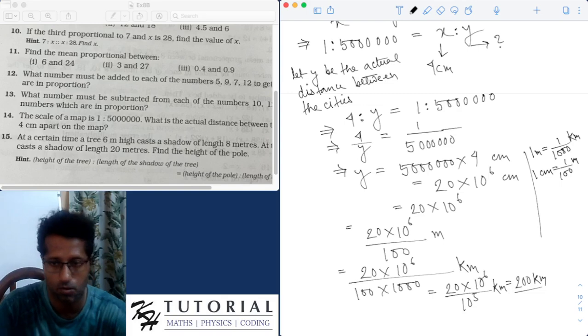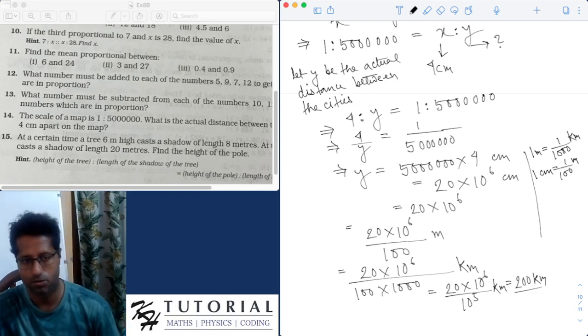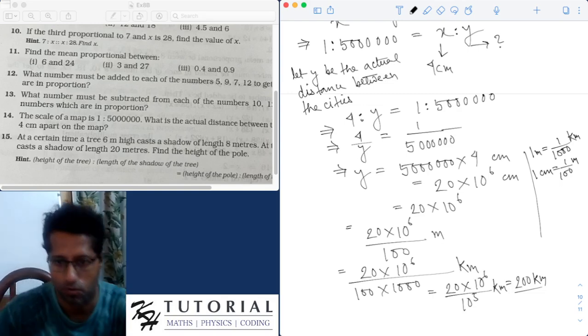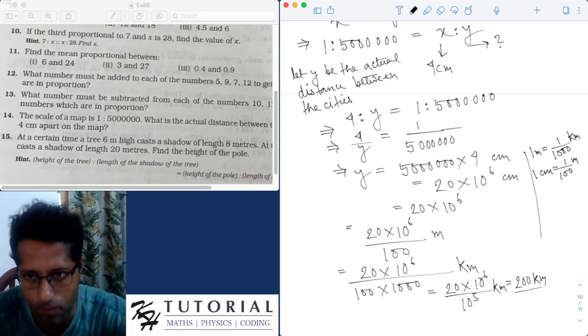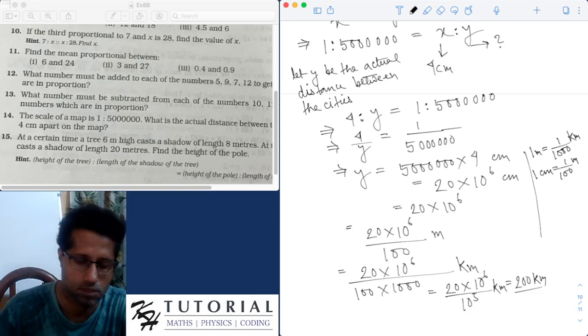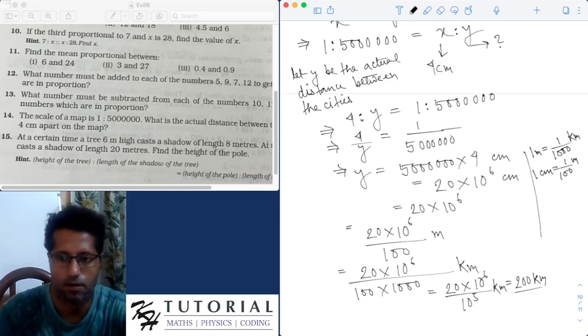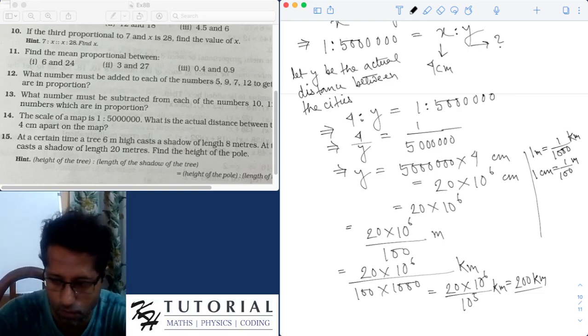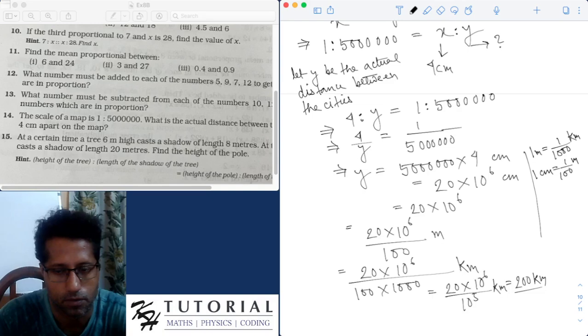This was a little conceptual problem. An example is already solved in the textbook. So please try to understand the problem, how the real world problem has been connected with the concept of ratio and proportion.